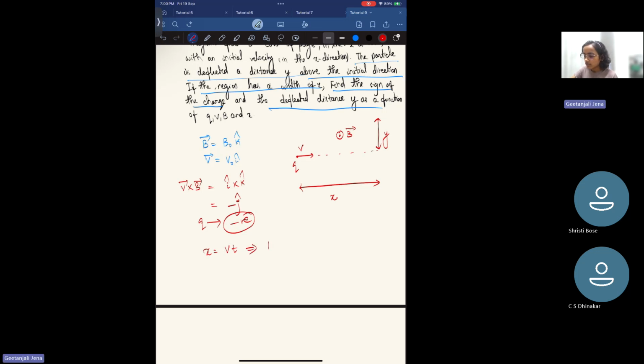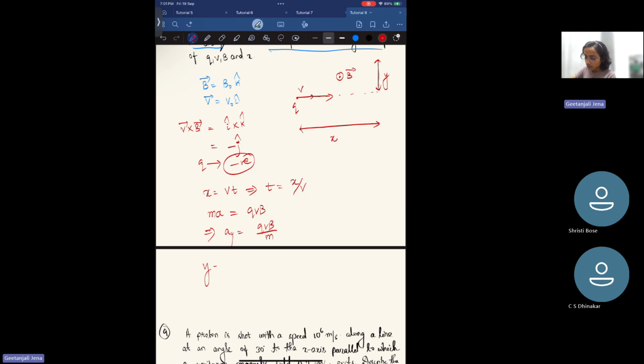So time you can write as x by v. For the y direction, the force acting is the magnetic force. So force m a is q v B sin theta, and theta is 90 degrees. So the acceleration along y is q v B by m.